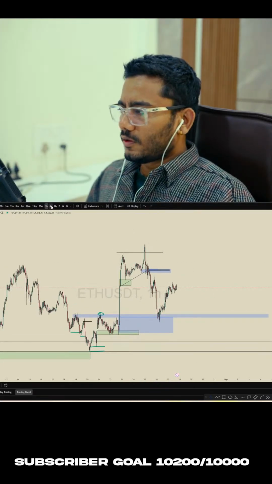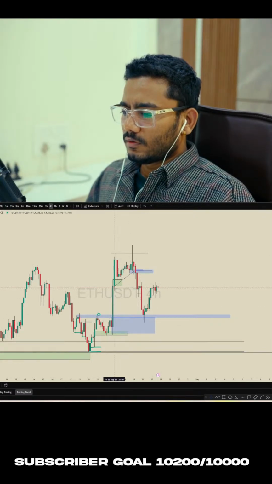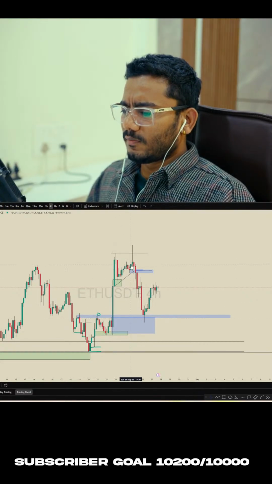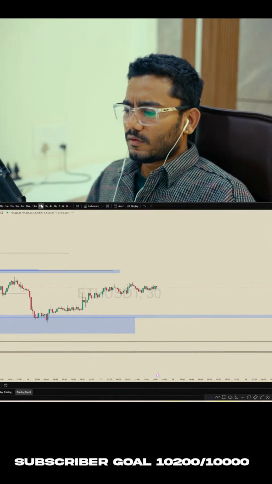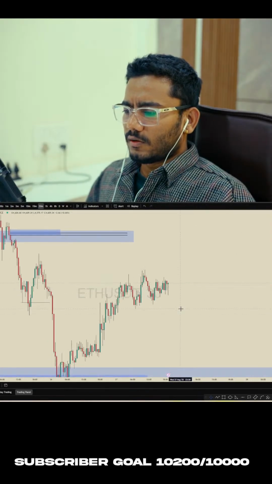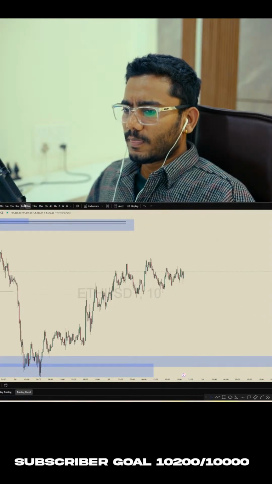So right now Ethereum is continuing from this order block we marked Friday. I think so. Yes, after the news, price created this imbalance. It's now going to the upside. If you look at the structure, price is creating a trend line liquidity below this area.